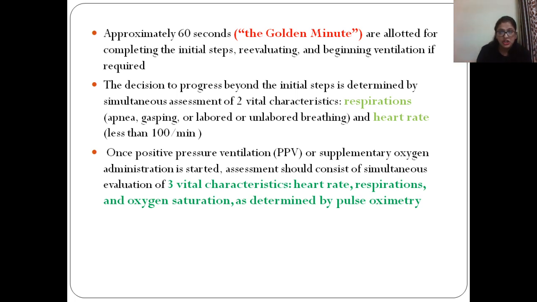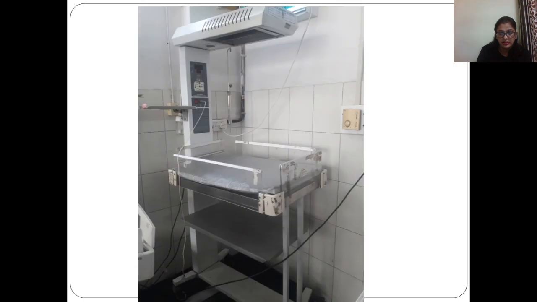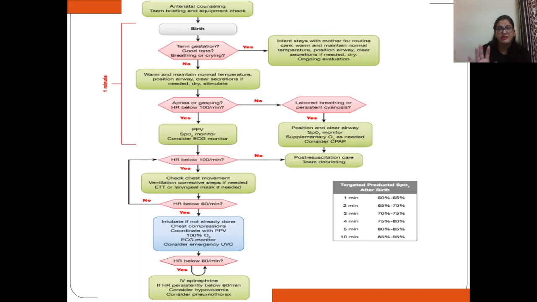So this is the flowchart which you are supposed to follow when neonatal resuscitation is going on. Now, if you know this flowchart, you can answer all the questions that come in your exam. So this is the 1 minute, the golden minute, which starts from birth, and you ask 3 questions.